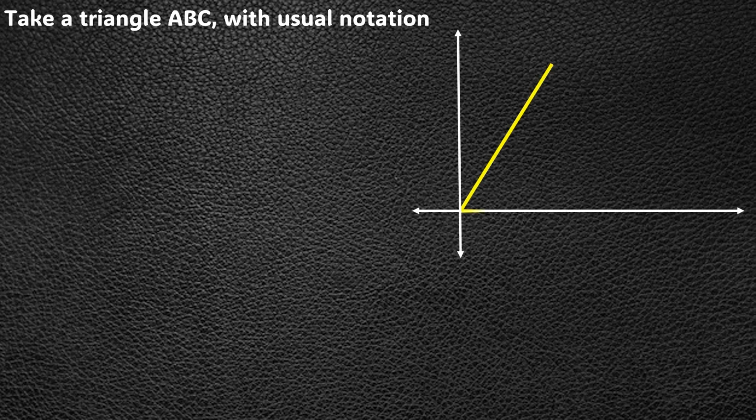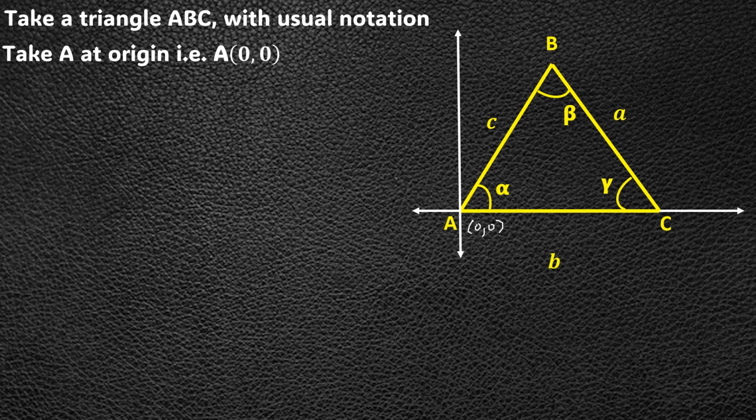We take a triangle ABC with usual notation. Take the triangle ABC in such a way that the vertex A is at the origin, and the coordinates of the origin are 0, 0. Now, the point C is on the x-axis.